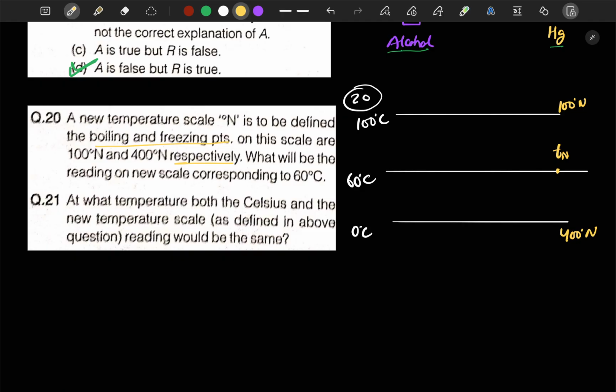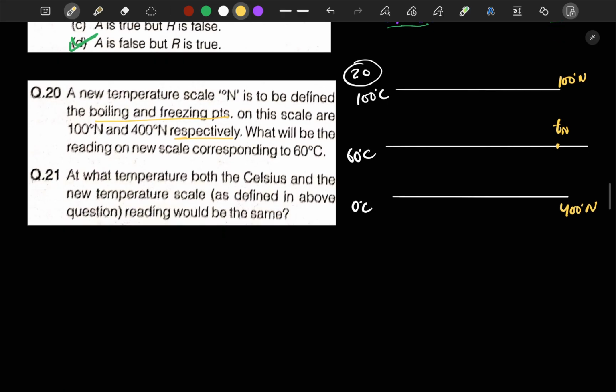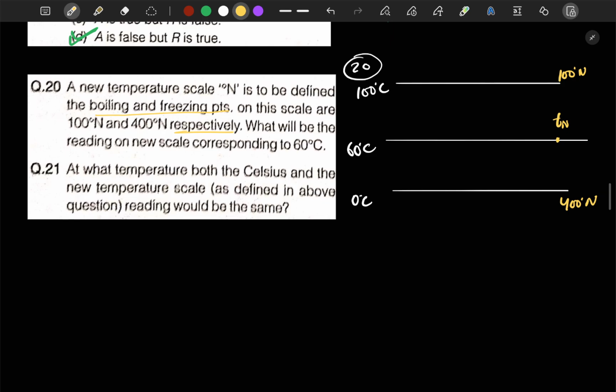So we can directly use the ratio formula I told you earlier, that is, (60 minus 0) upon (100 minus 0) is equal to (Tn minus 400) divided by (100 minus 400).